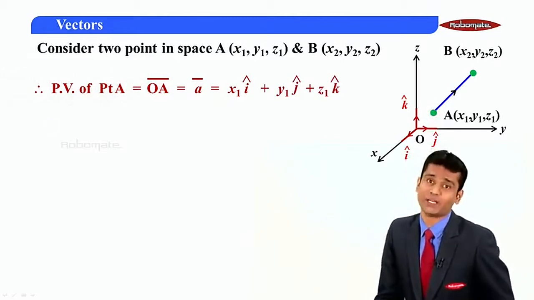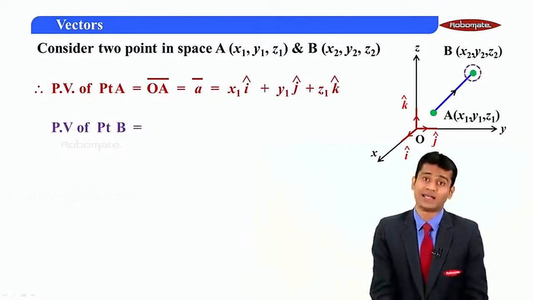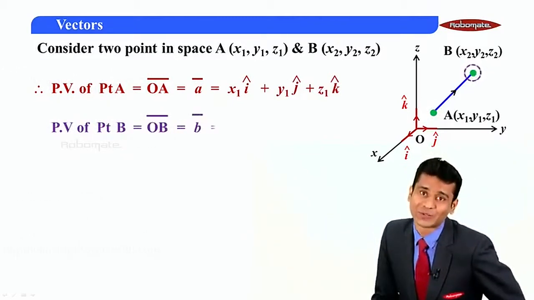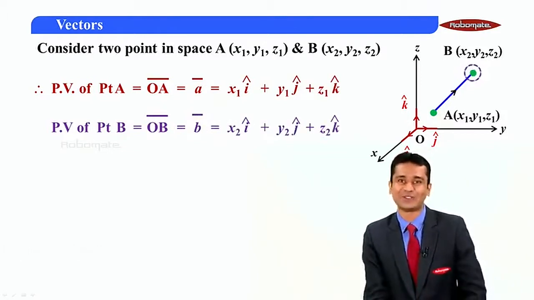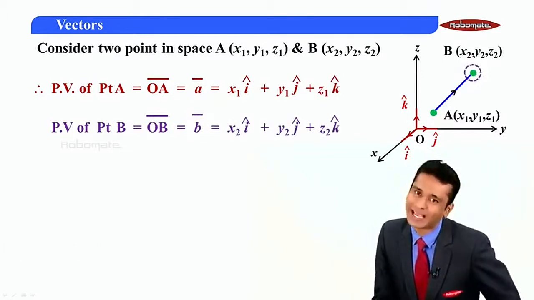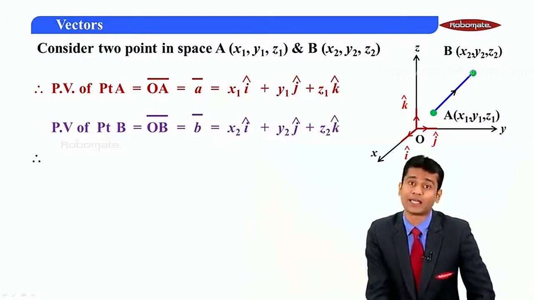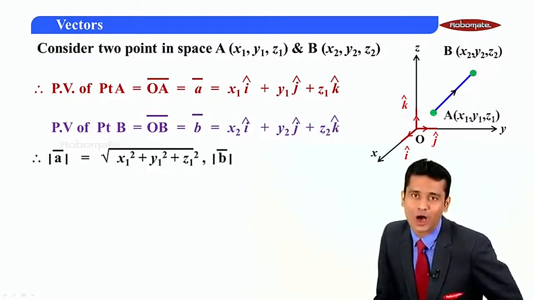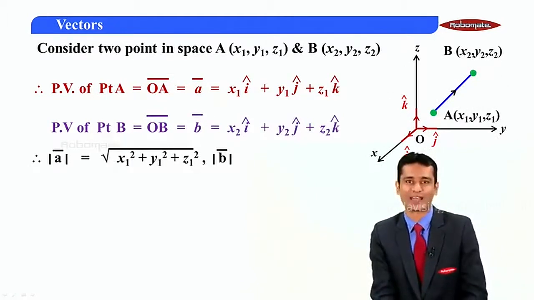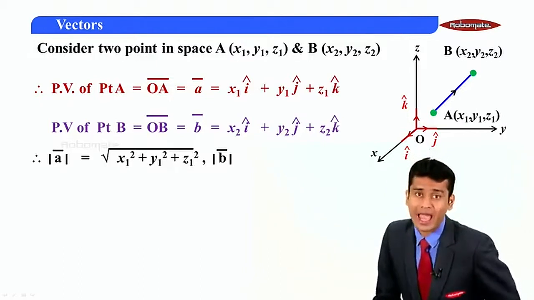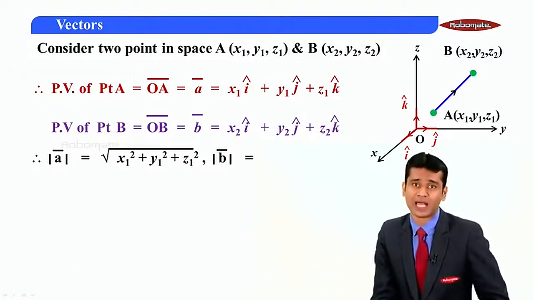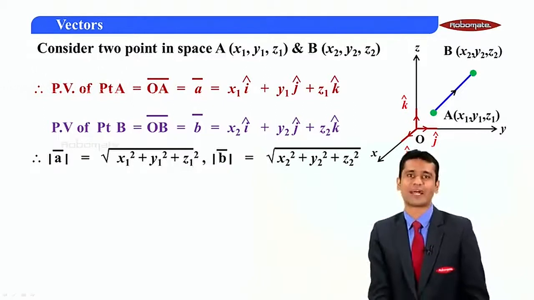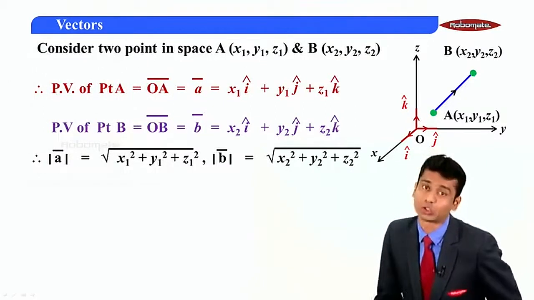Position vector of point B, which is b bar, is nothing but x2 i cap plus y2 j cap plus z2 k cap. Magnitude of a bar is root of x1 square plus y1 square plus z1 square, and magnitude of b bar is root of x2 square plus y2 square plus z2 square.